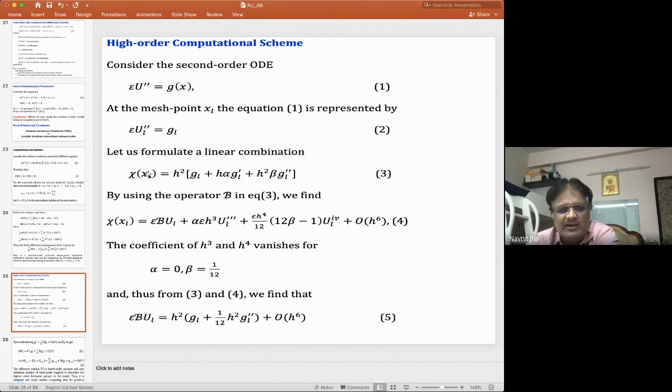The right hand side is important, where alpha and beta in equation 3 are parameters whose values need to be determined in such a manner that we achieve a high order method.